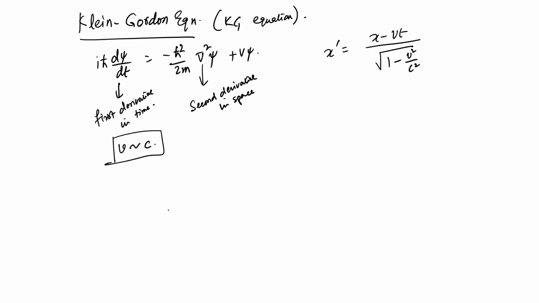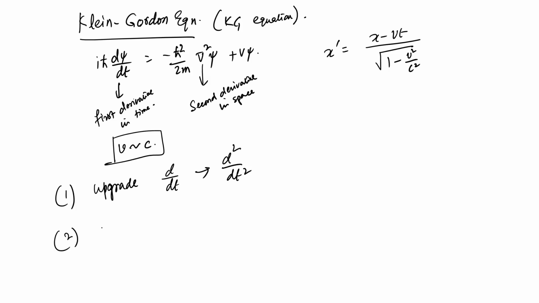So, we have two possible solutions. One is to upgrade the time derivative, that is d/dt to d2/dt2, that is, upgrade the first derivative in time to a second derivative in time, so that it matches with the second derivative in space and hence will be Lorentz invariant.